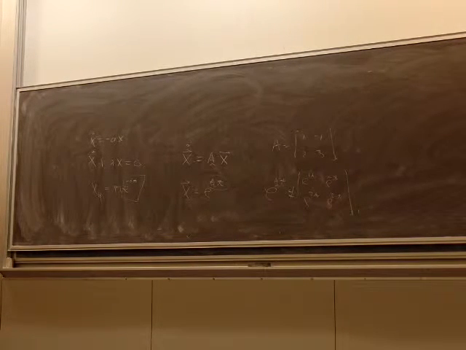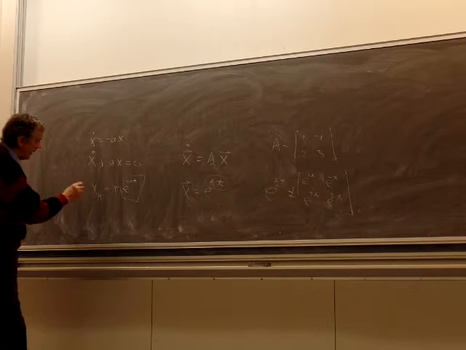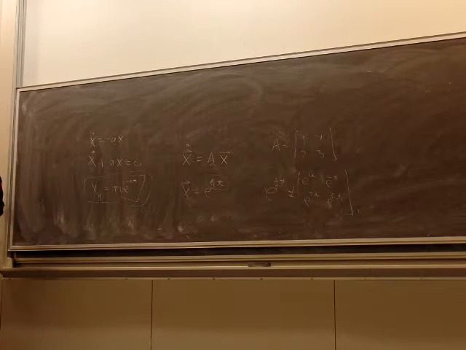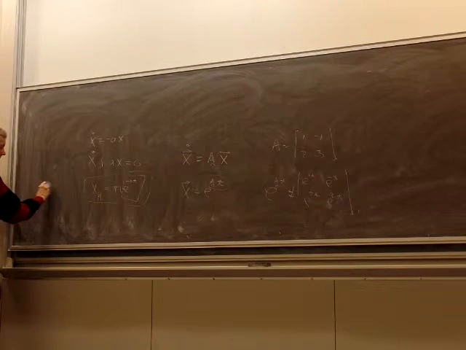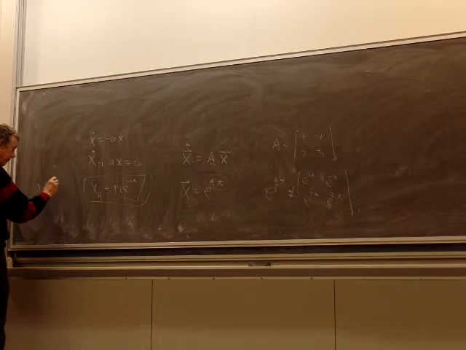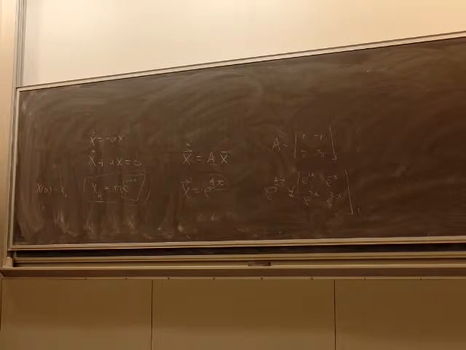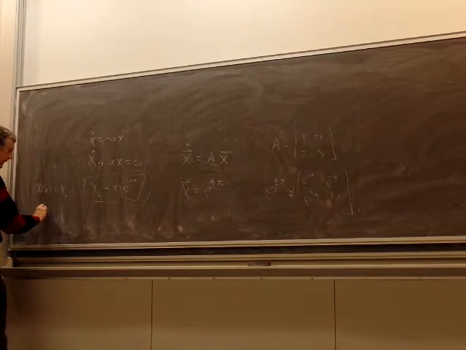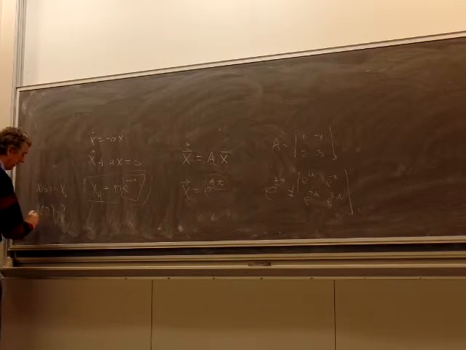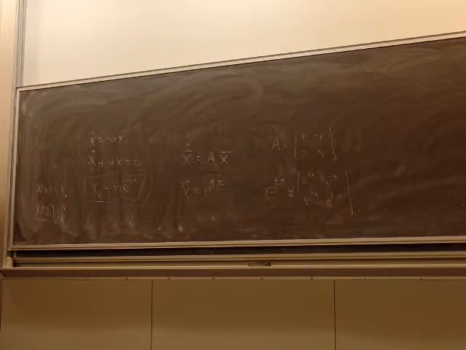Think about what these things do. Once I have my homogeneous solution here, what can I use that for? Say I know my initial value of x. How can I tell what the value of x is in 2 seconds?